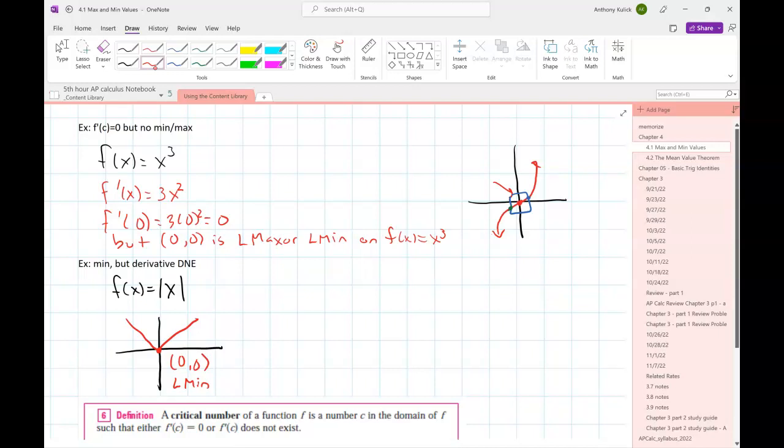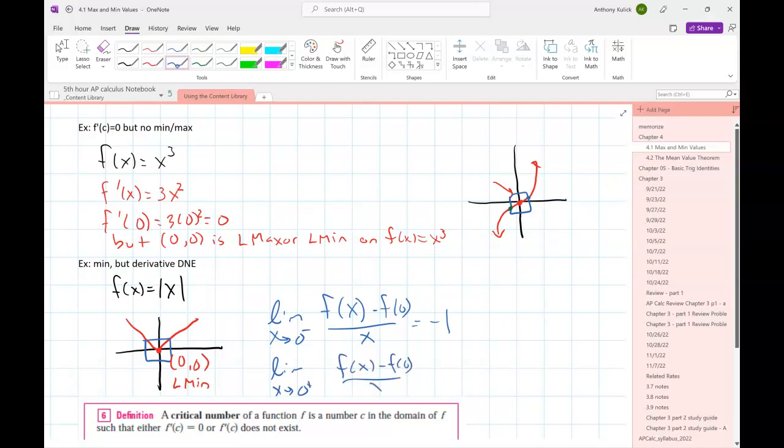But I know that the derivative here does not exist, right? Because the limit as x approaches 0 from the left of (f of x minus f of 0) divided by x is -1, and the limit as x approaches 0 from the right of (f of x minus f of 0) over x is equal to +1.